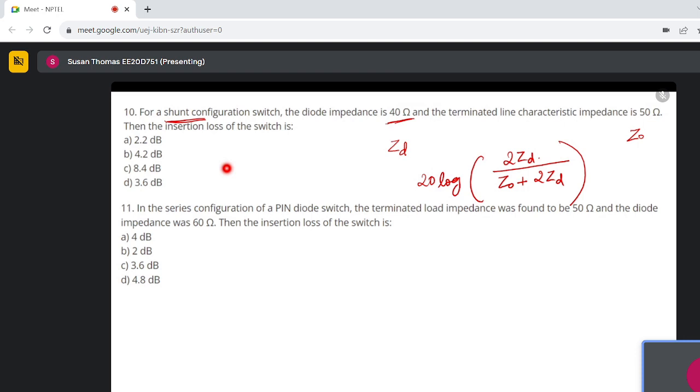Please do try to calculate and find the answers for the insertion loss.